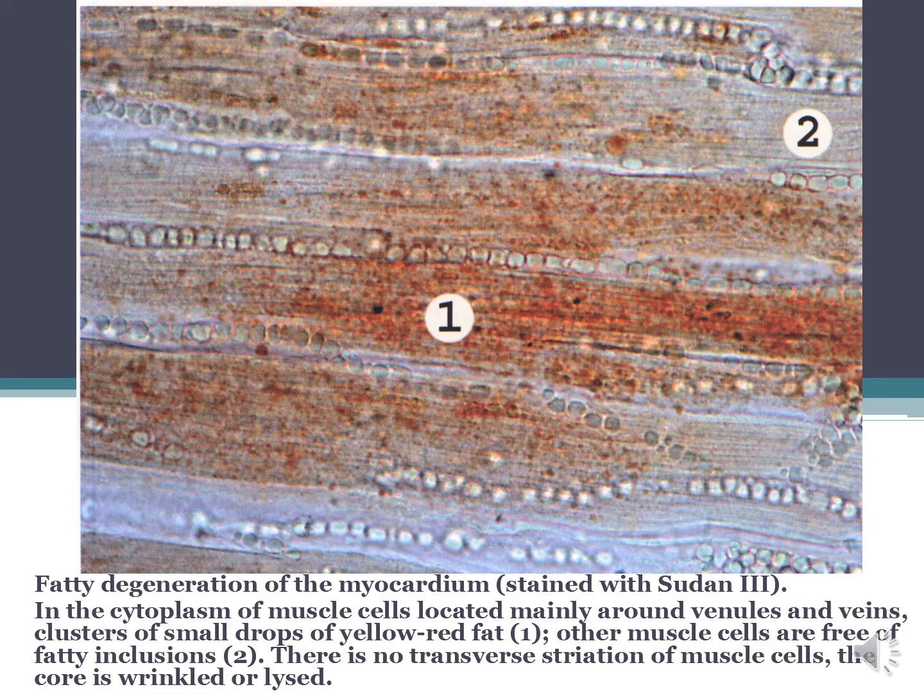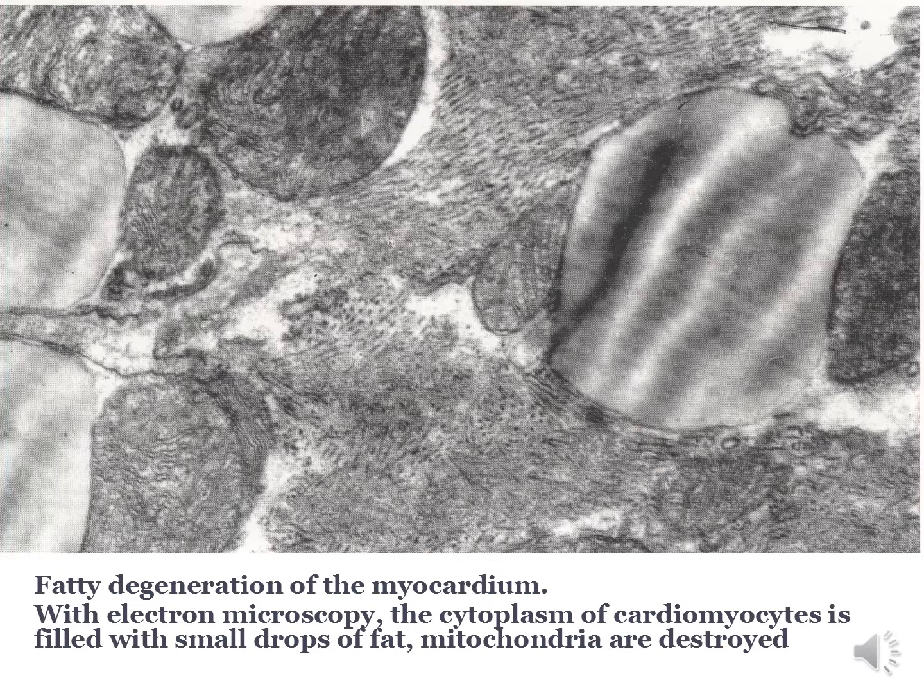Number 1 shows that. Other muscle cells are free of fatty inclusions. Here, in this area under number 2, there is no transverse striation of muscle cells. The nucleus is wrinkled or lysed.